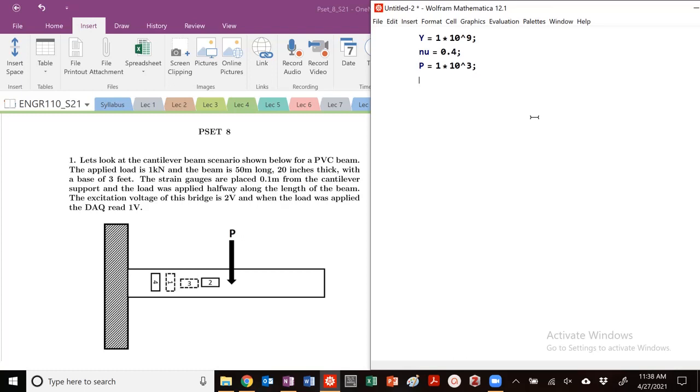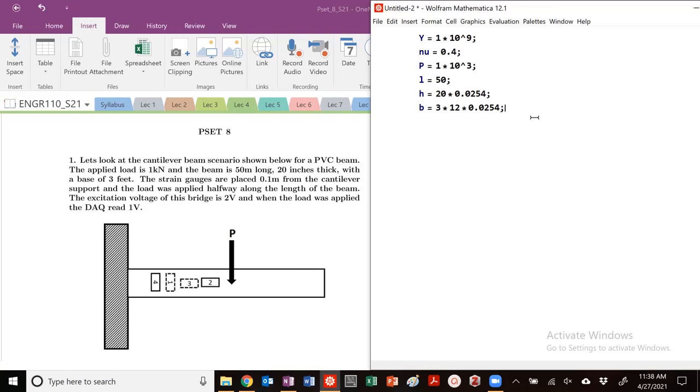The length of our beam is equal to 50 meters. The thickness, which is essentially our height, is 20 inches, so 20 times 0.254. Our base is equal to 3 feet, so 3 times 12 times 0.0254. I'm pretty sure that's about it.